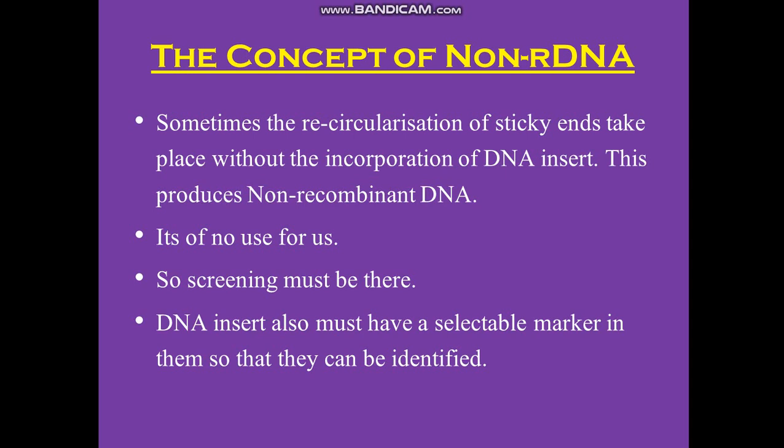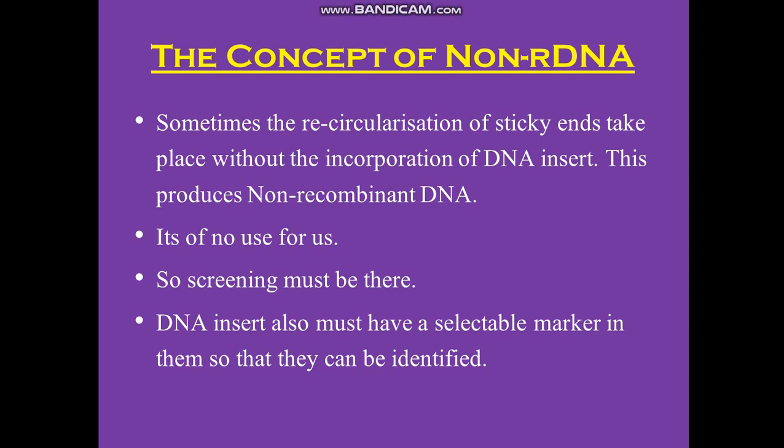You should always remember that there is a possibility of recircularization of the vector DNA without the incorporation of the DNA insert. So the DNA insert should give us a signal, saying, yes, I am present here. So what can be that possible signal?